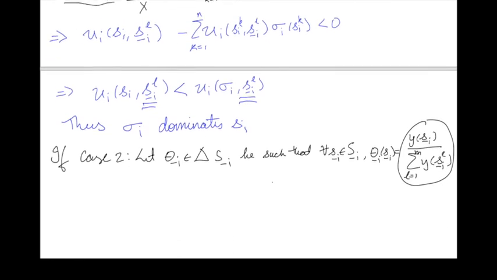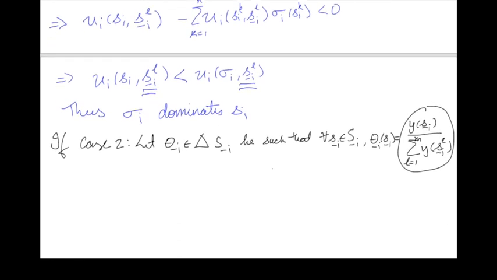So we're going to divide Y by the sum of the components of Y to define theta minus I. So this is going to be the belief for player I, and we're going to show that Si is going to have to be a best response to this belief. Since Y times B is less than 0, Y cannot be all zeros. So we're not doing a divide by 0 here.